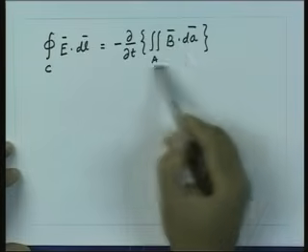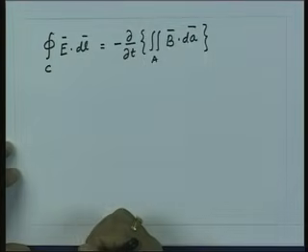So, having said that we are interested in the time varying fields and not the time varying space, we essentially can bring this derivative inside the integral, because now the area is no more a function of time.